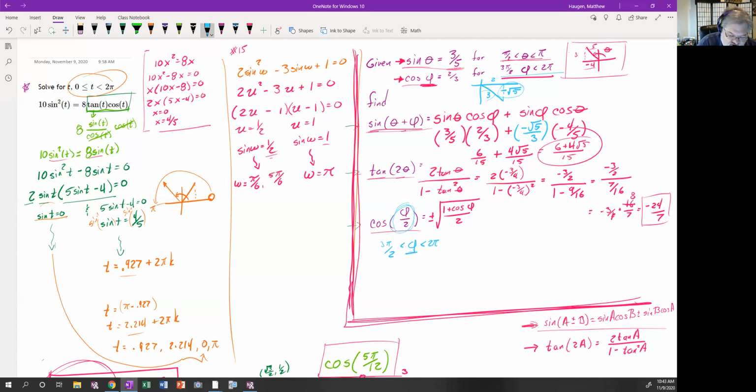So if we divide all these by 2, half of phi is between pi and 3 pi over 4. Well, that's quadrant 2.